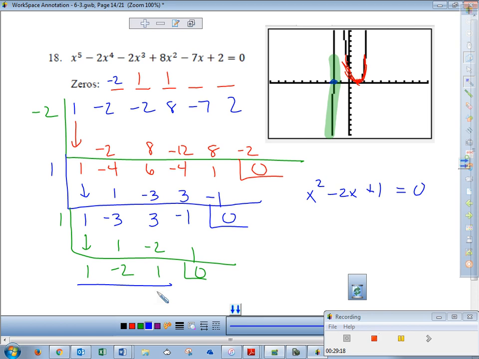You could complete the square on it. You could use the quadratic formula on it. Or, since we have a suspicion that they could actually be rational, maybe it factors also. Can you think of 2 numbers that multiply together to be 1 and add together to be -2?